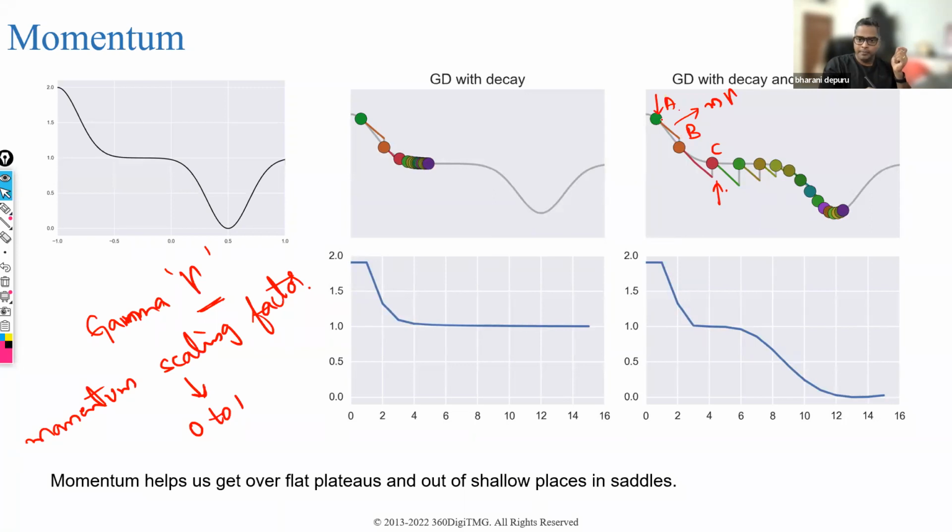Gradient means rate of change at B, and you scale it by a factor called eta, which is the learning rate.